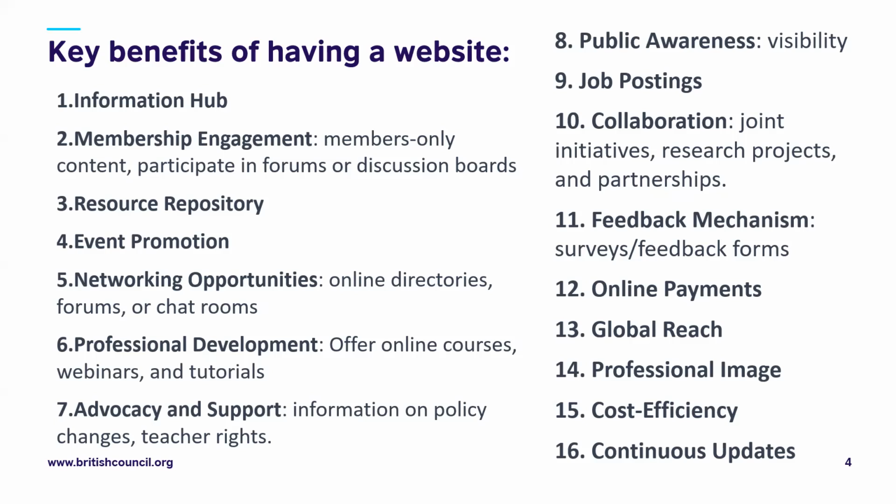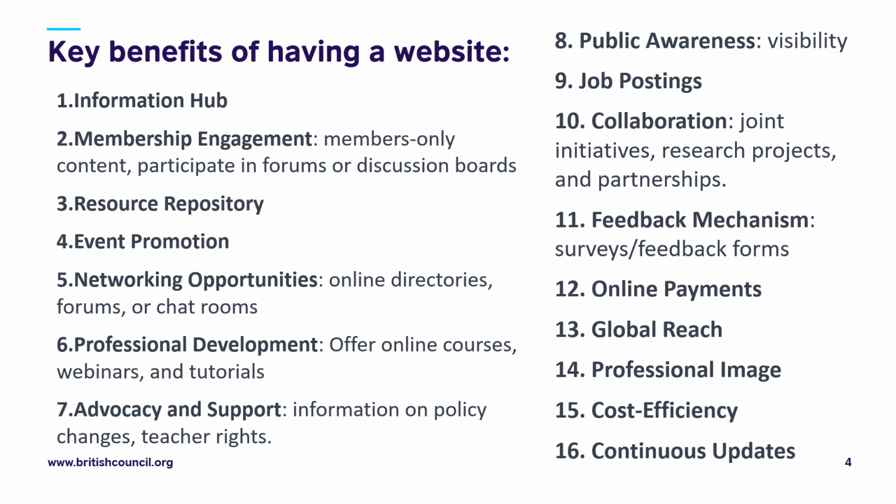Event promotion, yes, that's what Masubuleli said at first. Networking opportunities, it's up to you what you put on your website. You could put directories of jobs, forums, chat rooms, people connecting with different people. Professional development, you can offer courses, webinars, tutorials. Advocacy and support, number 7, that could be linked to a teachers' union, or it could be information about a policy, or, for example, your teacher association policies.